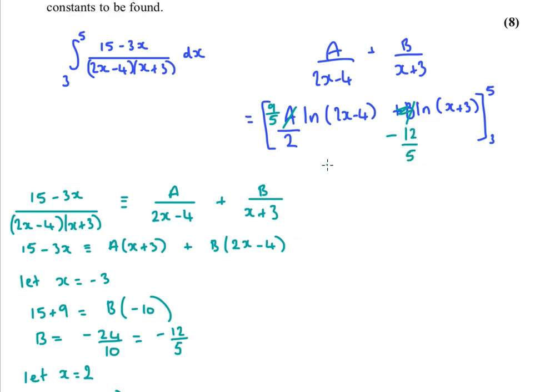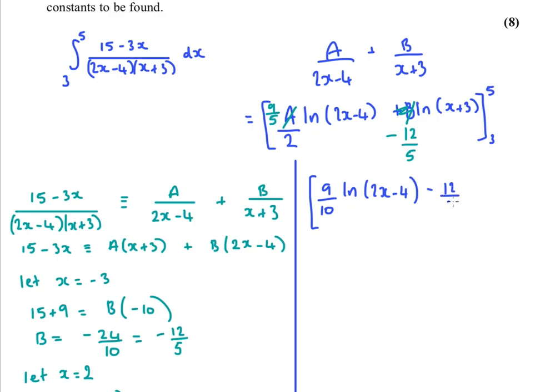So that means, I come back to the blue now, that we've got 9 over 10 ln of 2x minus 4 minus 12 over 5 lots of x plus 3, and we're substituting in the values 5 and 3.